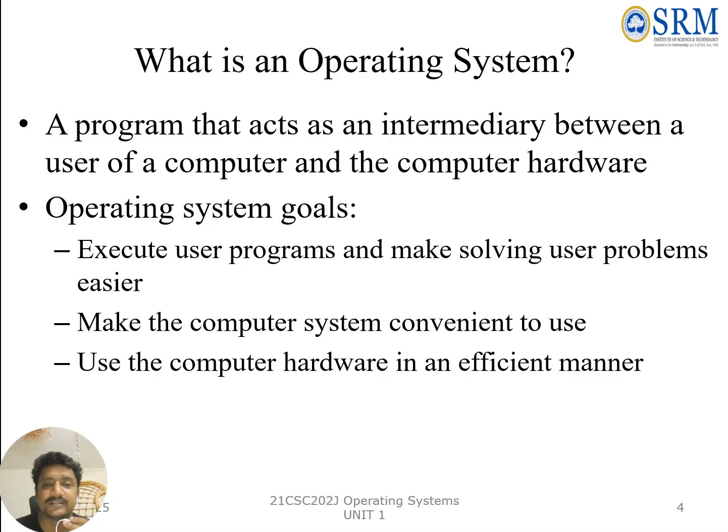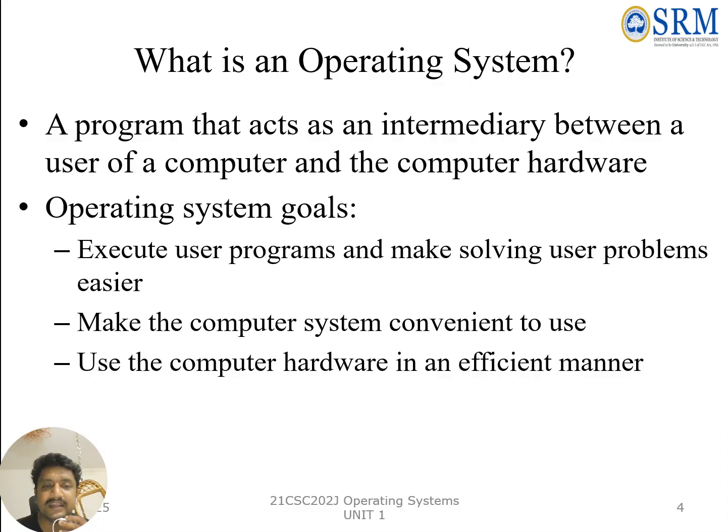What is an operating system? It is a program that acts as an intermediary between the computer and the hardware components integrated into the system, and it shows how the hardware reacts with the computer to carry out the execution and activity we are performing.